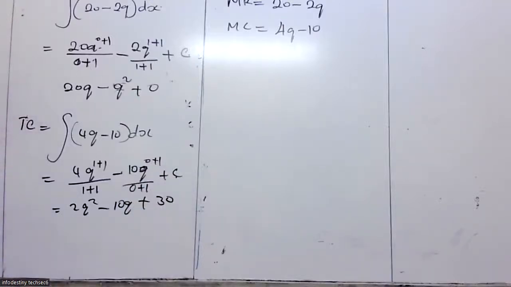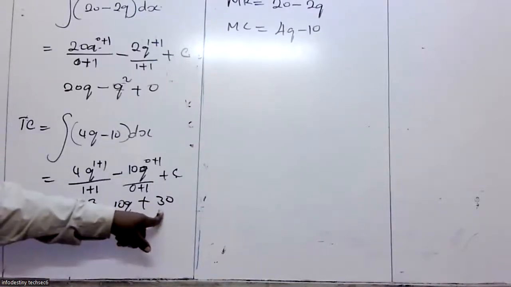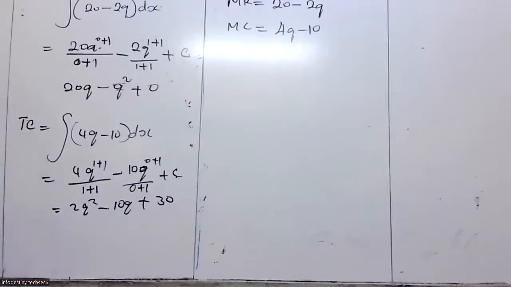Because for total cost, the constant is the fixed cost, and the fixed cost is given as 30. Now that is the total cost.